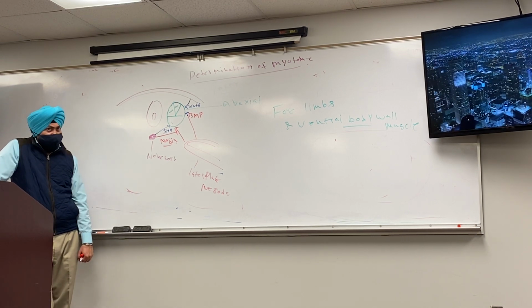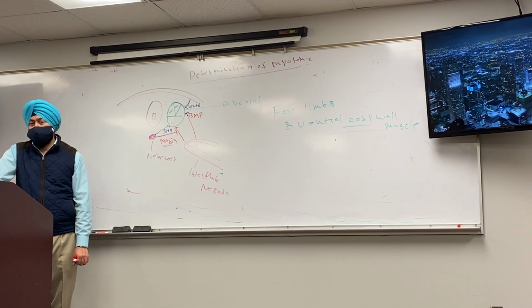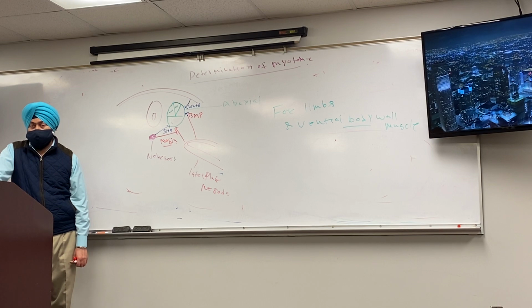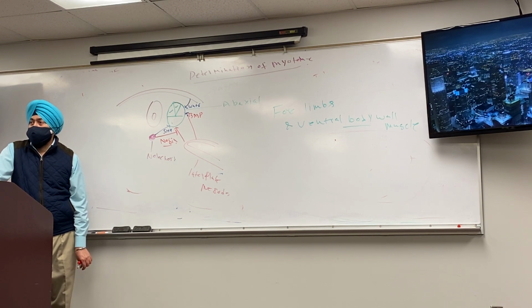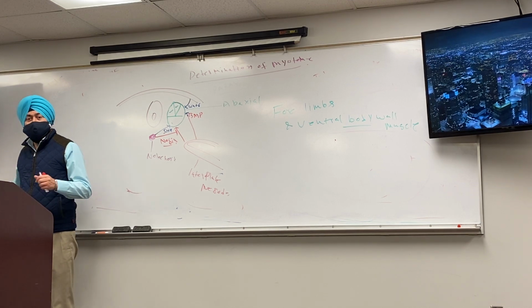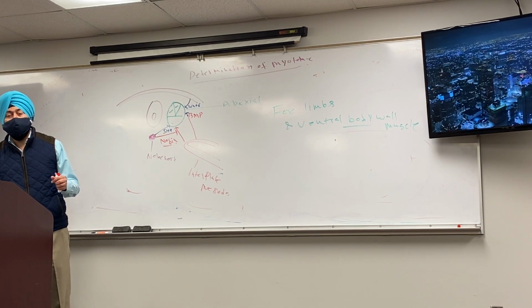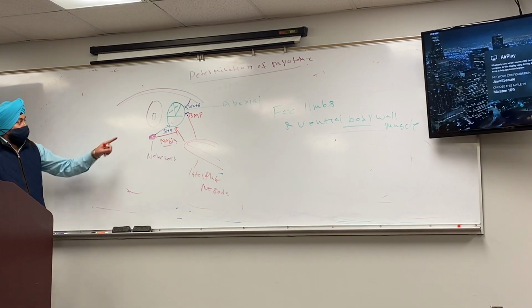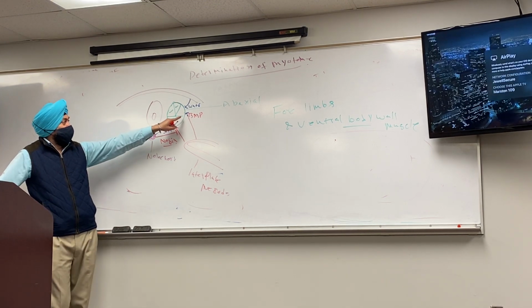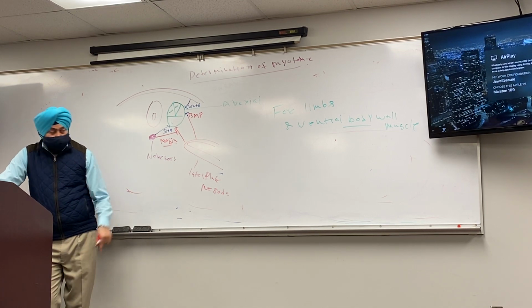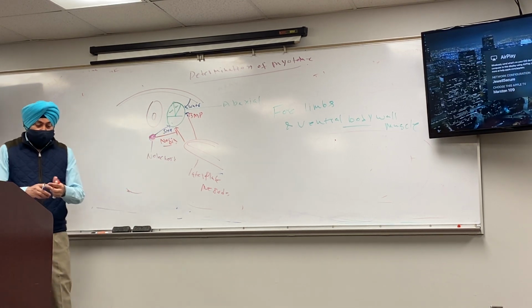Now, if it cannot reach there, then BMP is not going to change it into the muscle. Okay? So BMP needs to be inhibited. But Noggin cannot go there.